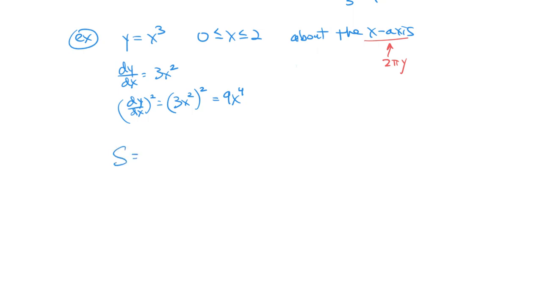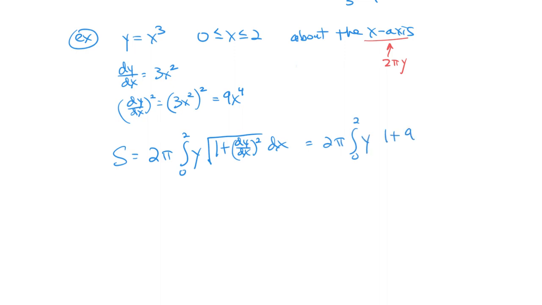The surface area is equal to 2 pi y times the square root of 1 plus dy dx squared dx, and x goes between 0 and 2. So this gives us 2 pi, integral from 0 to 2, of y times the square root of 1 plus 9x to the 4th dx.